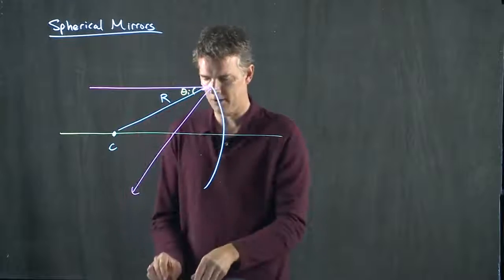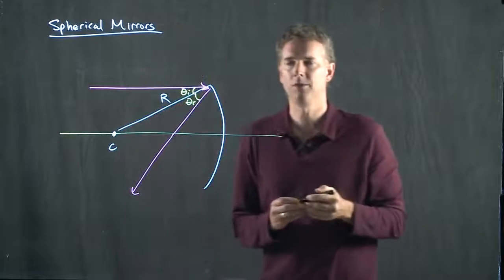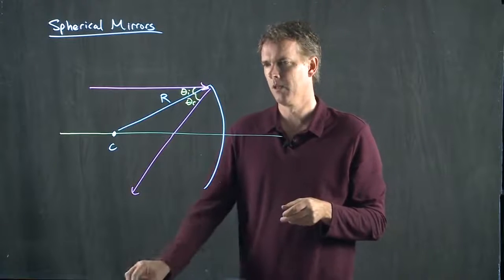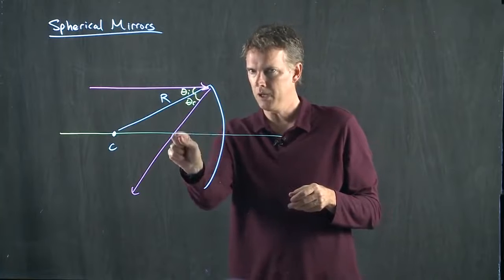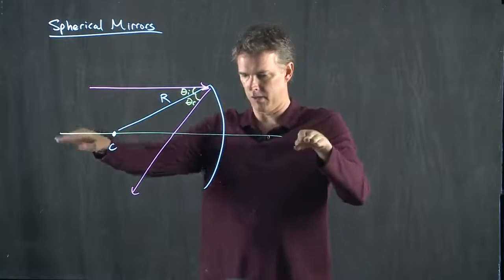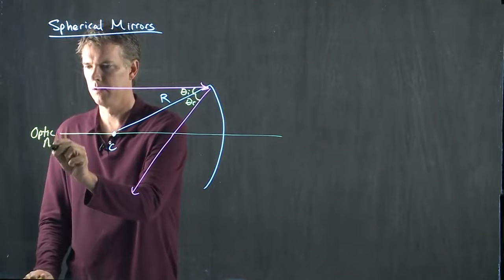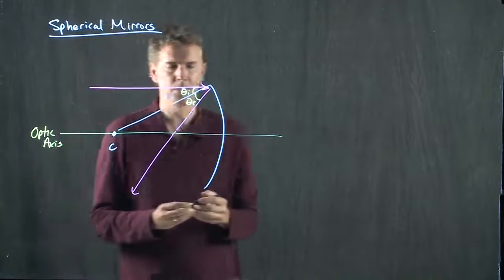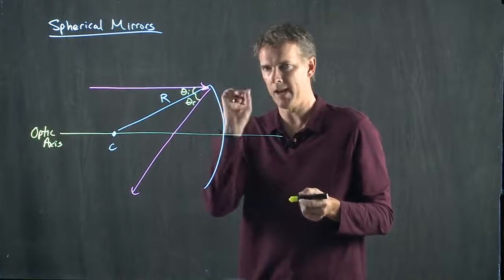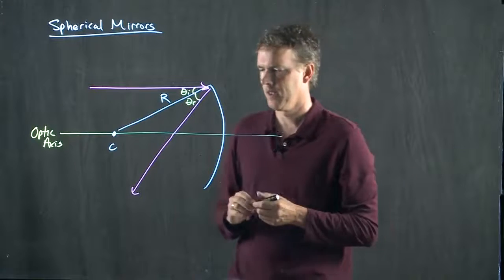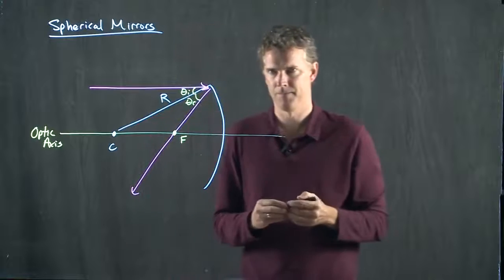And so the ray takes off at that angle, theta R, and we know that those have to be exactly equal. So if those are equal, that means that it crosses this thing, which is called the optic axis, or the optical axis. It means that it crosses the axis at a very particular point.